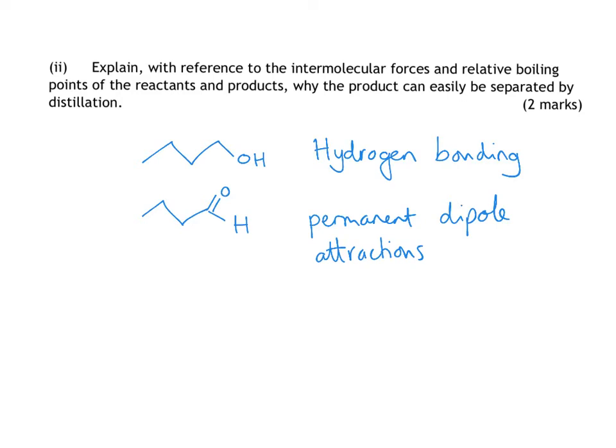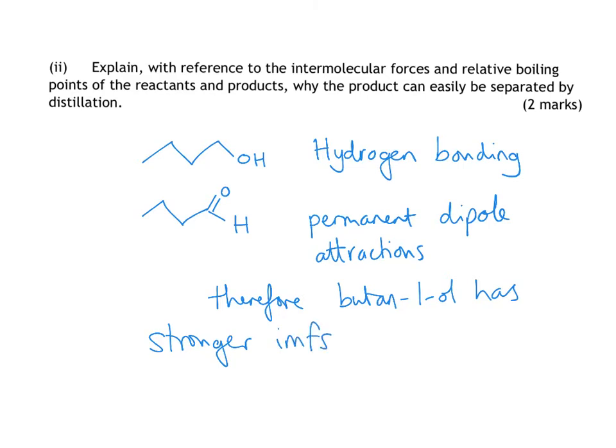and therefore butan 1-ol has stronger intermolecular forces and requires more energy to overcome those forces, break those forces, however you want to say it, more energy to turn into a gas, anything like that.